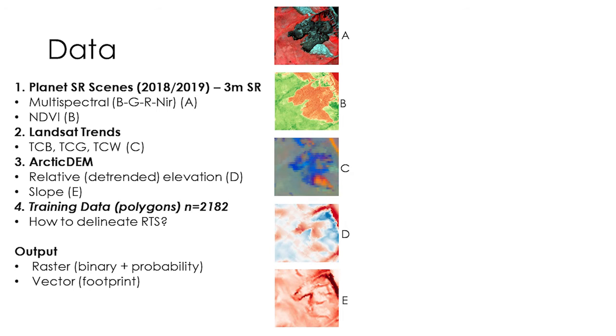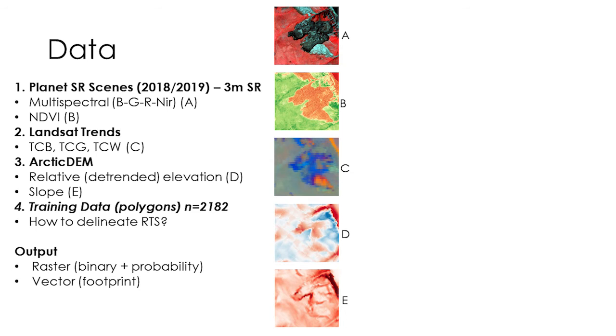As input, we use several sources which are beyond the 1 or 3 input bands that most mainstream deep learning segmentation methods are using. At first, we're using Planet multispectral data, which are CubeSat data with a spatial resolution of 3 meters and 4 multispectral bands, where we also calculate the normalized difference vegetation index, NDVI.